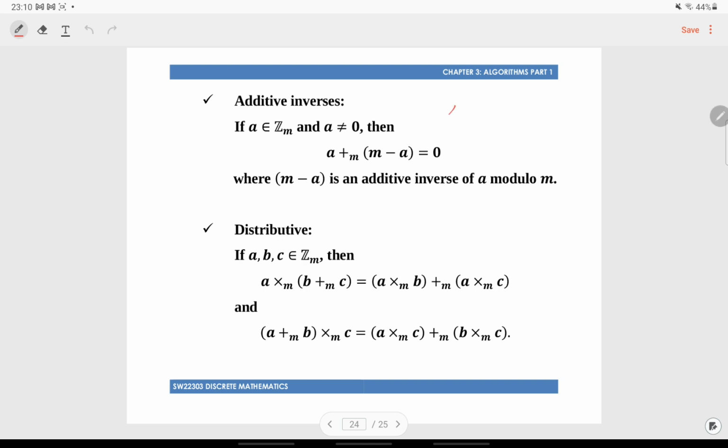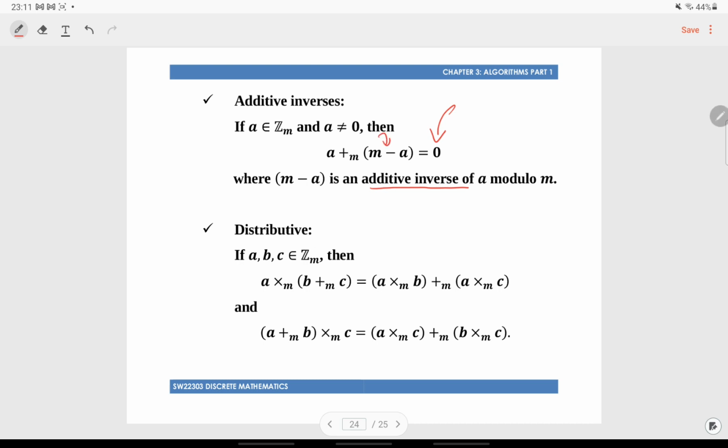Because we obtain the identity element for addition modulo m, which is 0, that means m minus a is an additive inverse of the integer a modulo m. Again, because a plus (m minus a) mod m equals 0, and 0 is the identity element for addition modulo m, m minus a is added to a to give the identity.